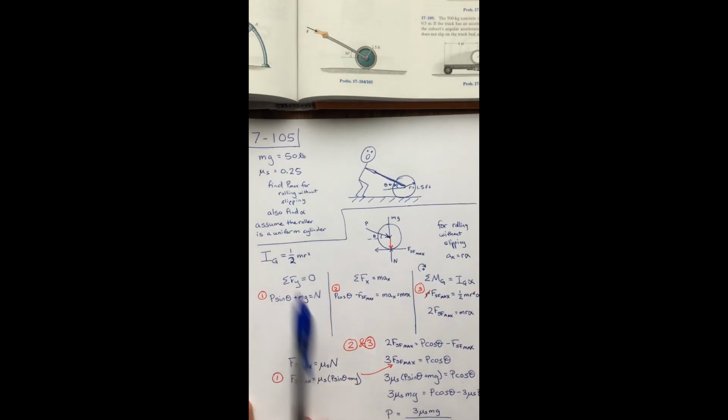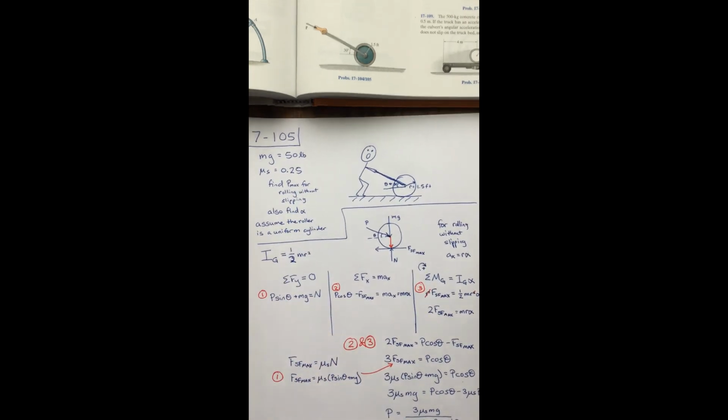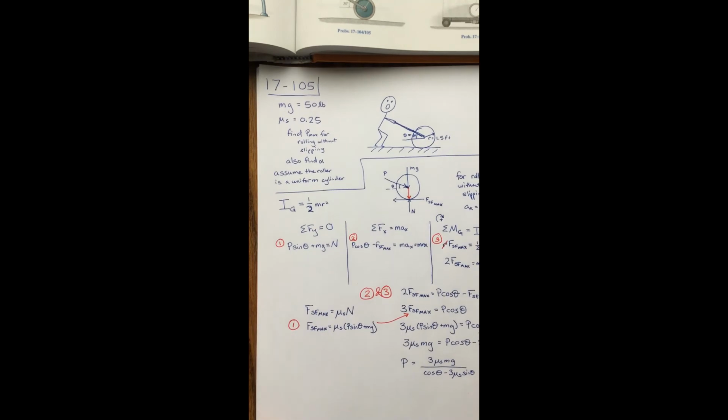Okay, so now in order to find the maximum value for p that they asked me for, I just have to take the values that they give me and plug them in to my symbolic expression here.